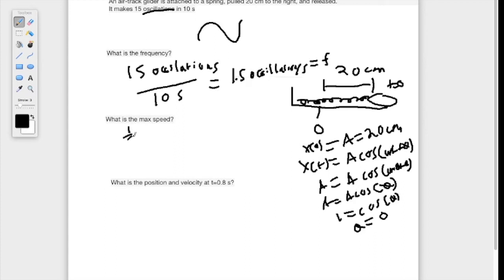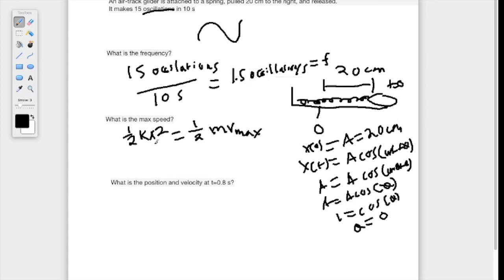Since we were given the amplitude, we can calculate the max potential energy. We can find the max kinetic energy, or where the velocity is at its max.